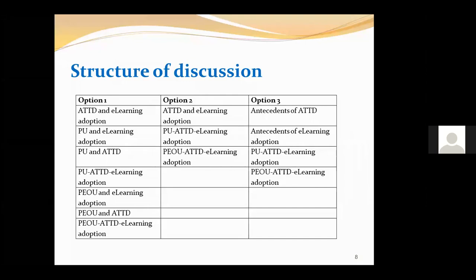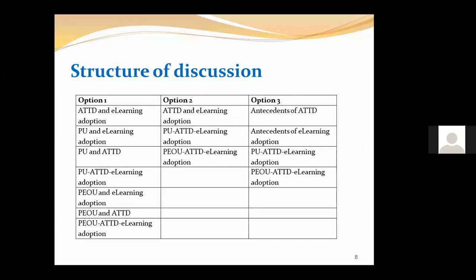When you don't make an outline or a structure of how your chapter is going to flow, you are bound to have things mixed up. You are bound to appear very disorganized. So have a structure of how your discussion is going to flow.